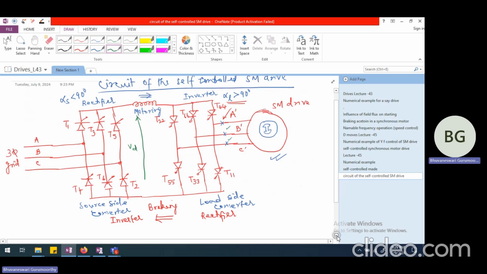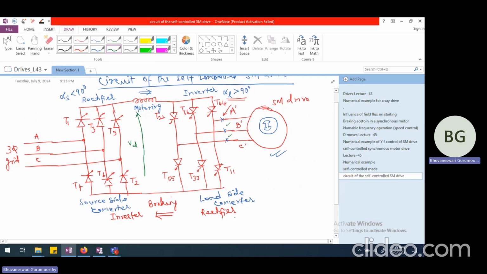Whereas when we want braking operation to take place, under such a situation, our source side converter firing angle has to become greater than 90 so that this functions as an inverter, and load side converter has to function as a rectifier, so its firing angle will become less than 90 degrees.